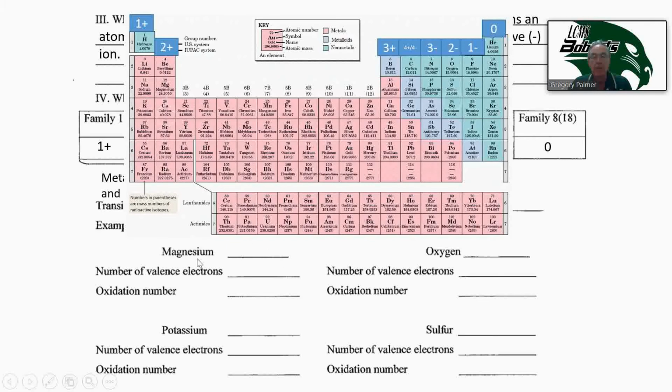Our first element is magnesium. We look on a periodic table and we find magnesium. Here it is in family 2. That tells us it has 2 valence electrons, and its oxidation number is 2 plus. Remember, with the metals, the oxidation number in family 1, 2, and 3 is the family number.